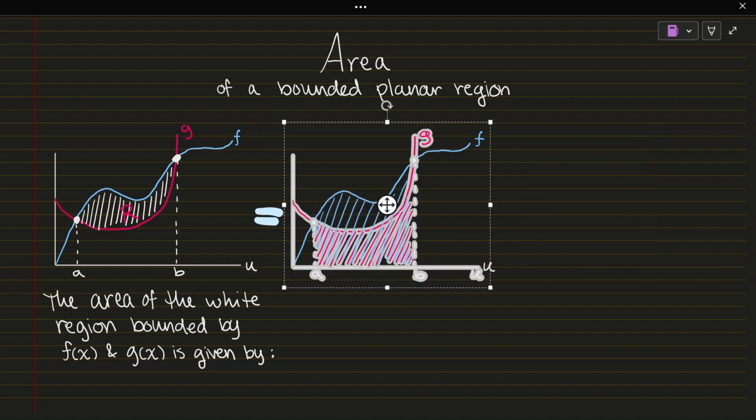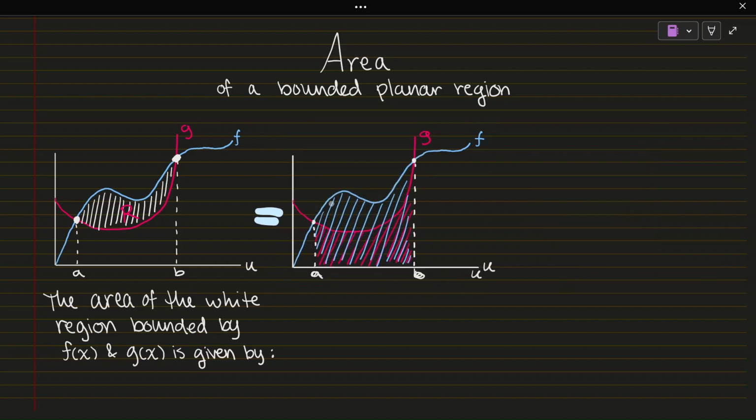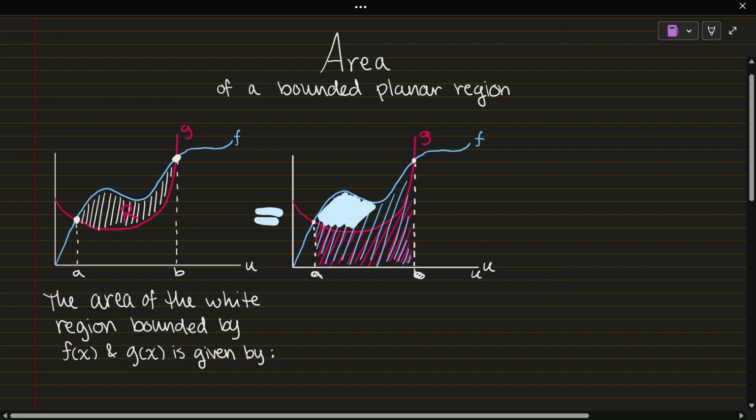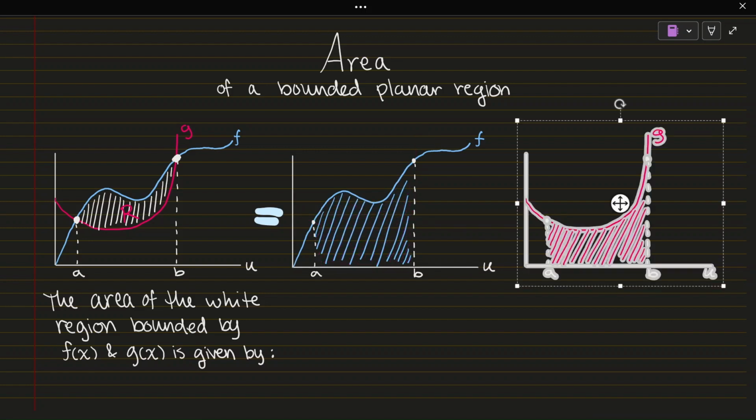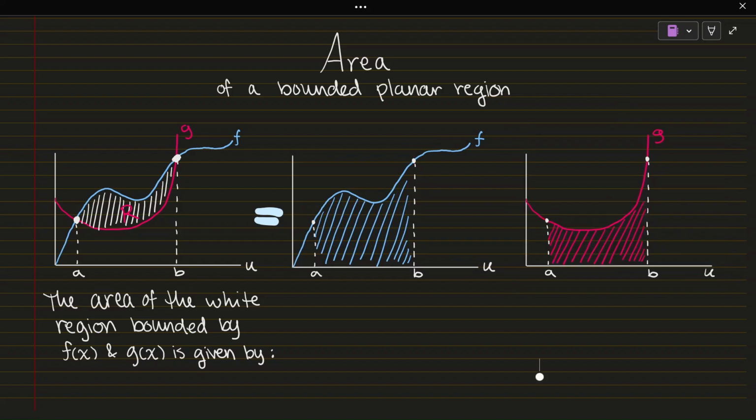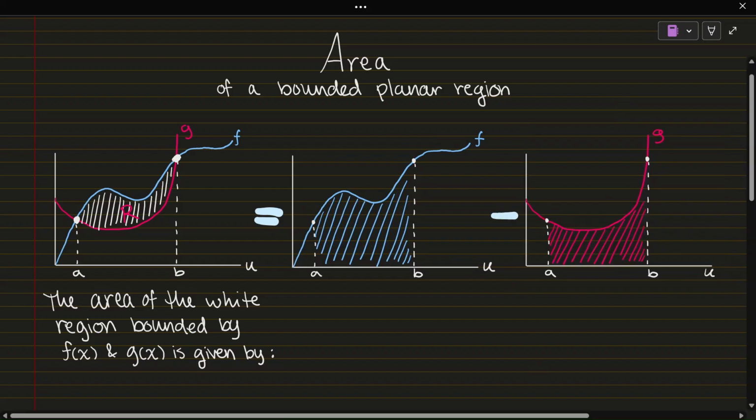If I overlay this, you can see that the region I get by taking the area underneath F and taking off the area underneath G is the white region that we want to find the area of. And we know that we can find the area underneath a curve by taking the integral.